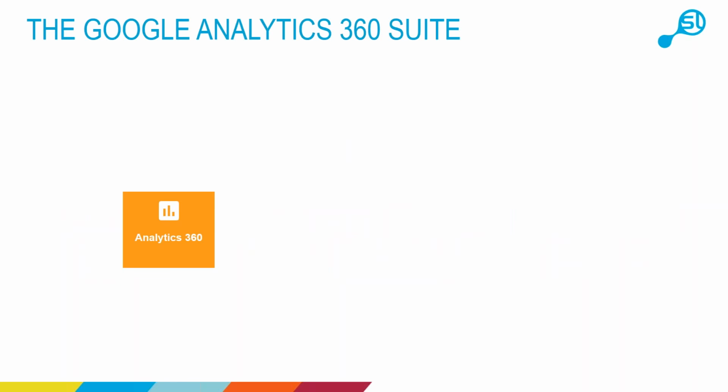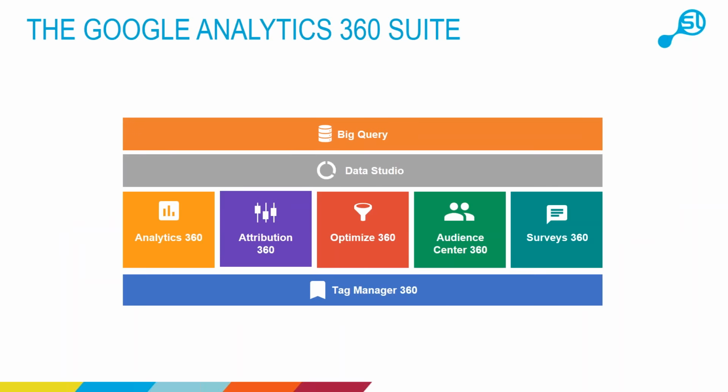The tool that everyone talks about is Analytics 360. However, GA360 is really just one part of a wider suite of tools that form part of the 360 suite. Tools such as Optimize 360, Attribution 360, and Data Studio are all designed to help marketers gather, analyze, and ultimately act on data to improve efficiencies and deliver better performance.